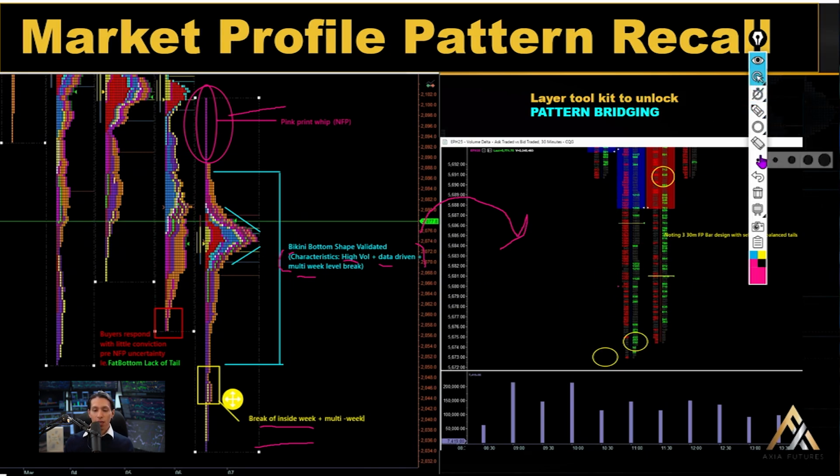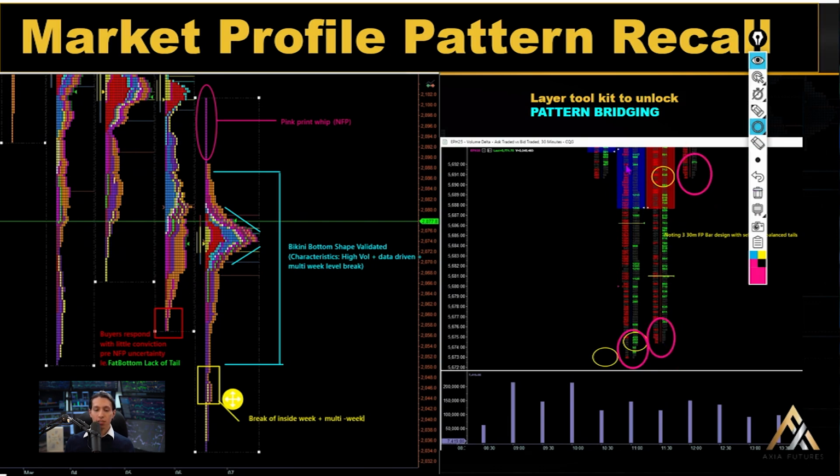So if you guys look closely here, I've put these circles here to identify the lack of selling, sorry, the lack of buying that is occurring at the bottom of these tails.